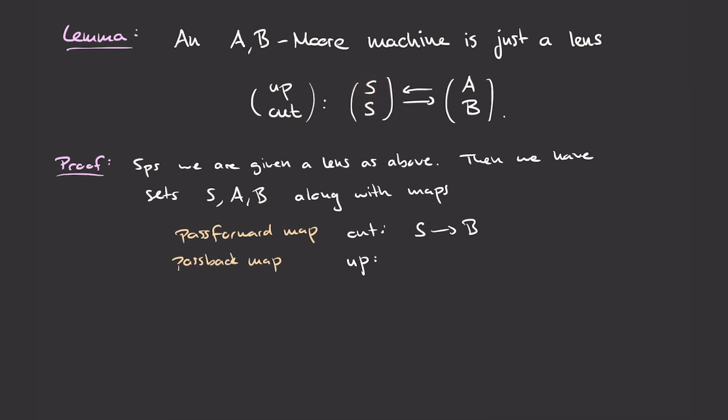So this will be a function from S cross A to S. Okay, so if we're given a lens of this type, it means that we've specified sets S, A, and B along with two maps, namely one called out from S to B and another called up from S cross A to S, and this is precisely the data we need to define an A/B Moore machine. So this is just an A/B Moore machine.